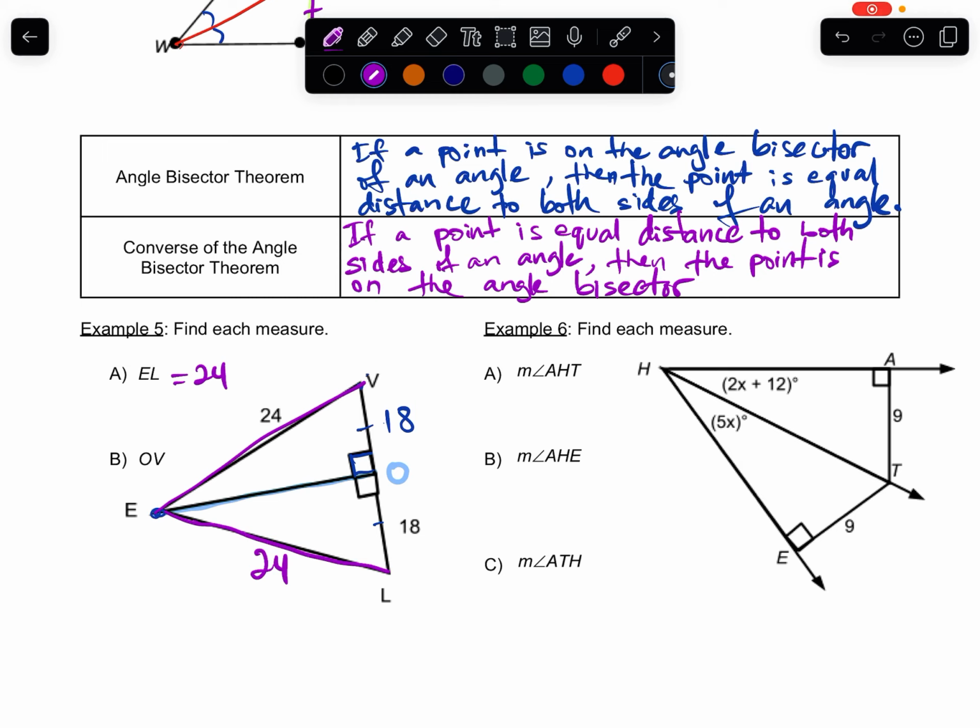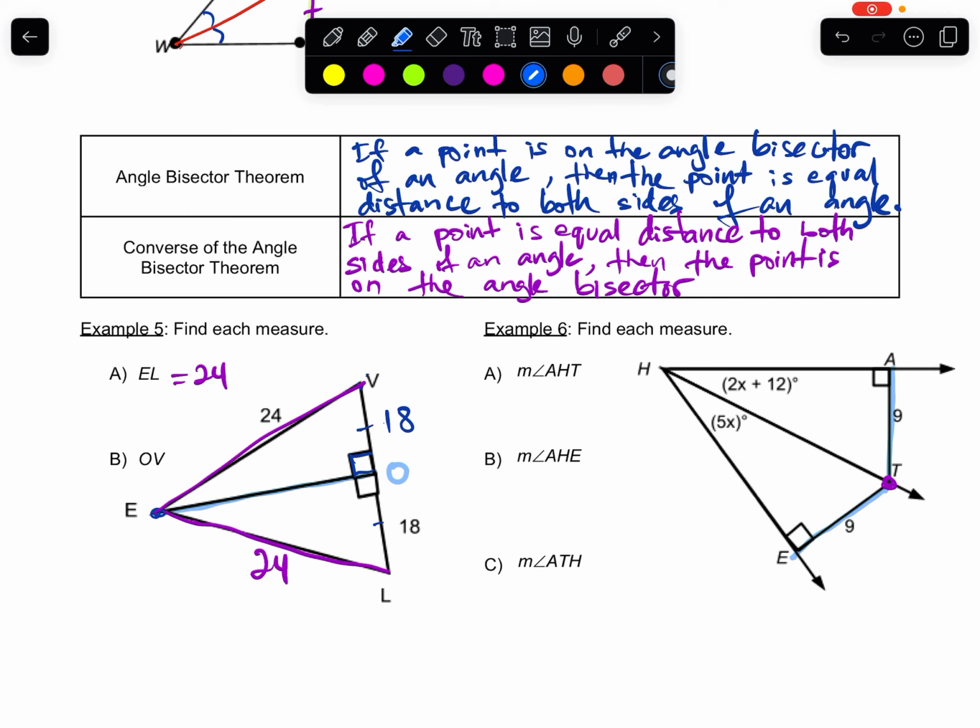Now let's go look at this right here. So find the measure of each. If we notice, look at point T. Point T has a distance to the side of the angle of 9, and it has the same distance here, that's also 9.